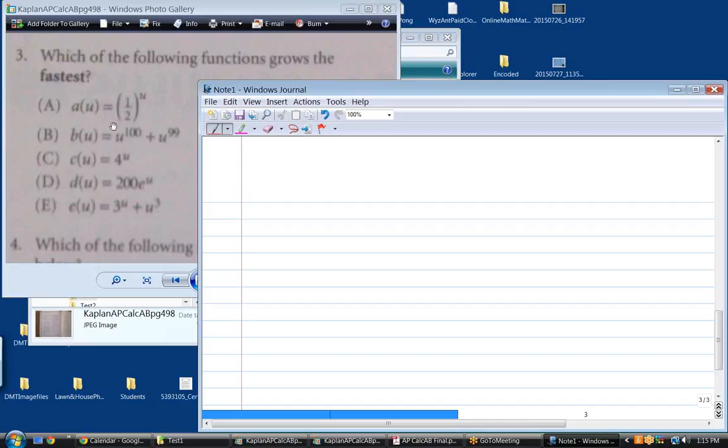Well, we've eliminated that. So now the only question is, if exponential grows faster than anything, what's the most important part of the exponential? In other words, which grows faster, 4 to the u or 3 to the u?